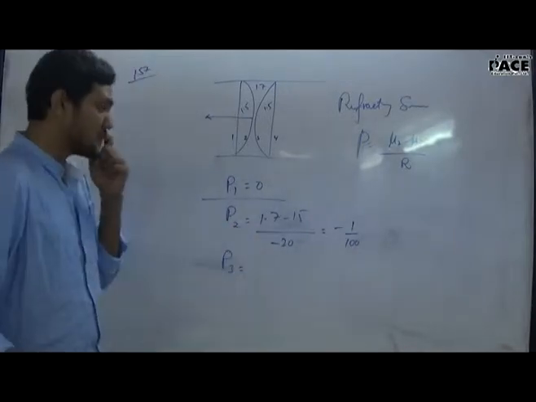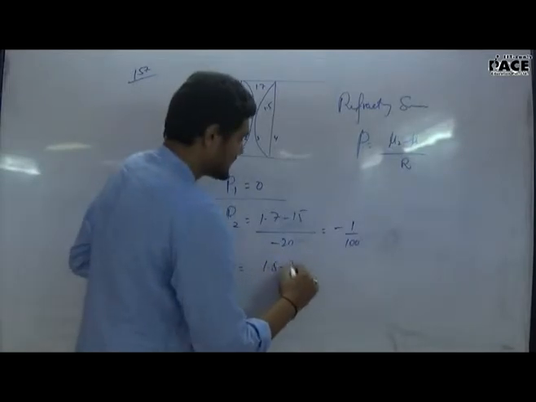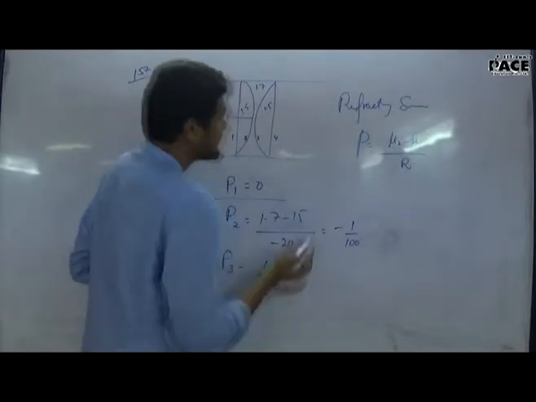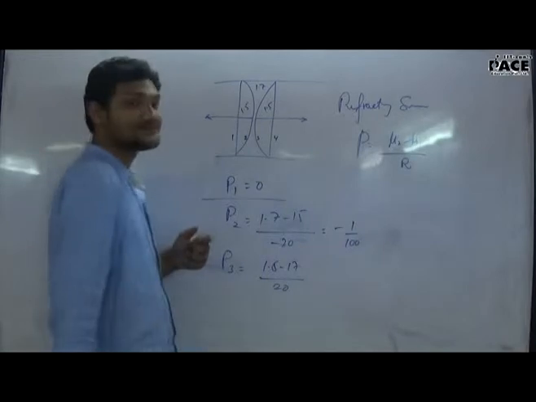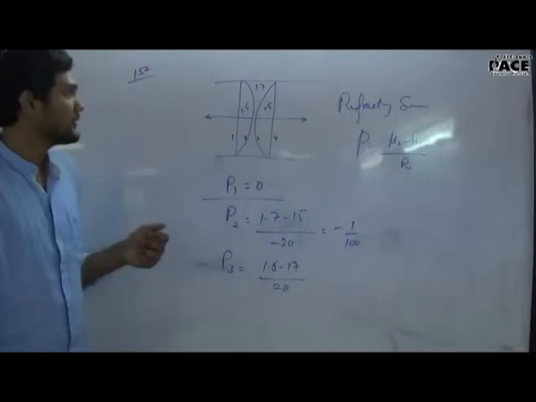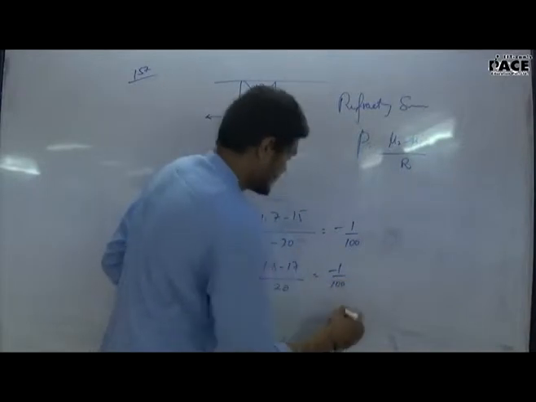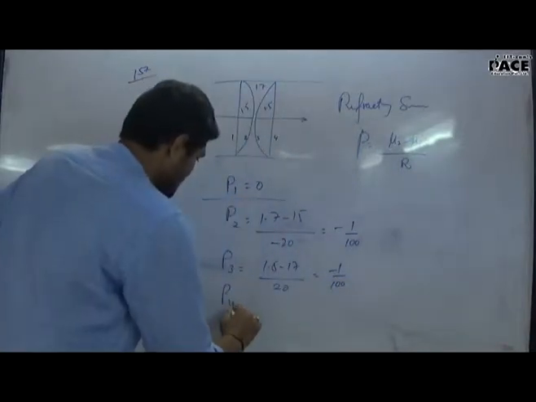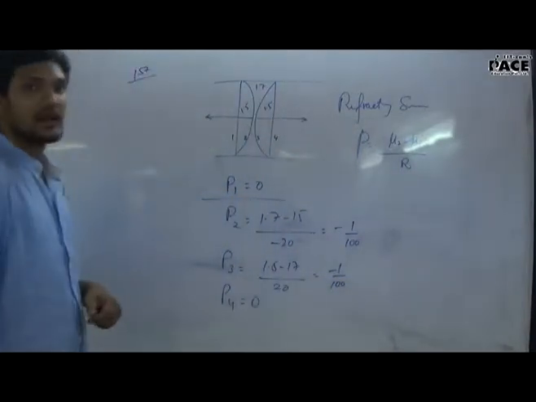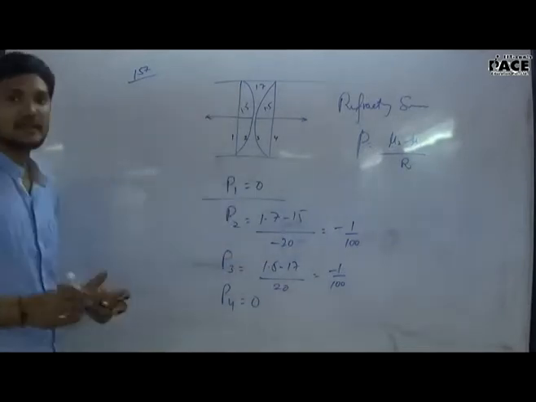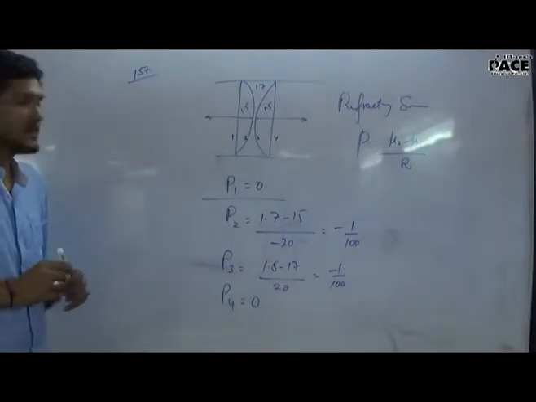P3 is equal to 1.5 minus 1.7 upon 20 because the radius is positive. 1.5 minus 1.7 upon 20, that is equal to minus 1 upon 100. And P4 is equal to 0. Again, P4 is a planar surface, that means the radius is infinity, that means power is 0.